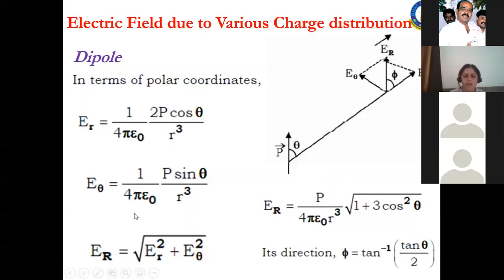In the same way, it is the resultant of these two vectors. So E is equal to root of E_r square plus E_theta square. By substituting these values and simplifying, we will get the equation like this. Now this phi gives the direction, that is given by tan inverse of tan theta by 2.